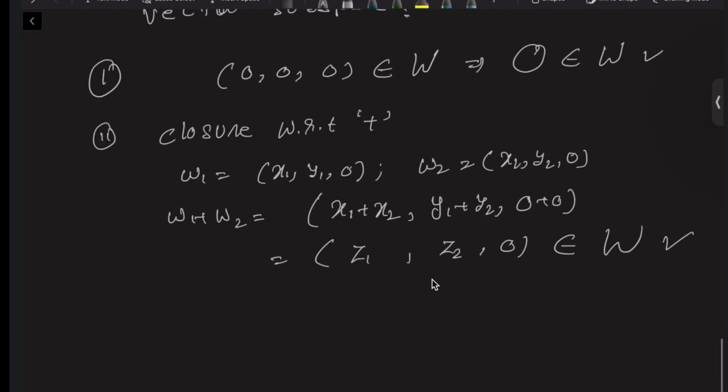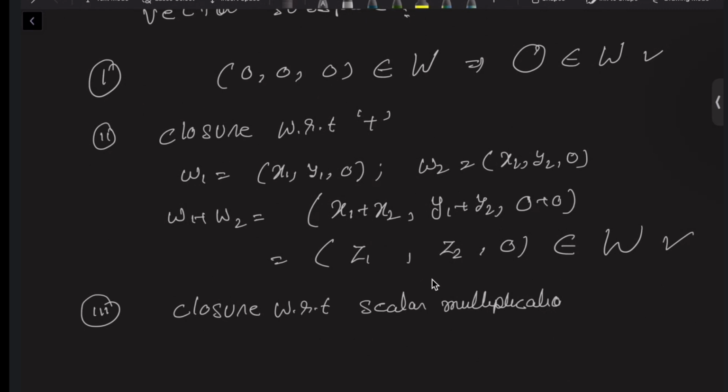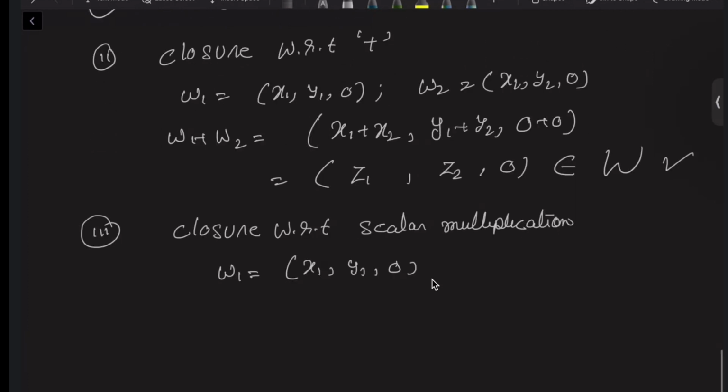Now what about the third one? That is closure with respect to scalar multiplication. So again, if I have some element W1 of the form x1, y1, comma 0, and let me take any element alpha in R. What is my alpha W1?